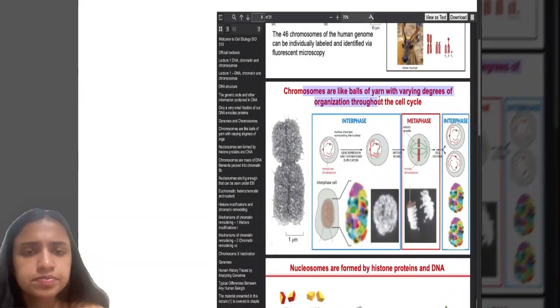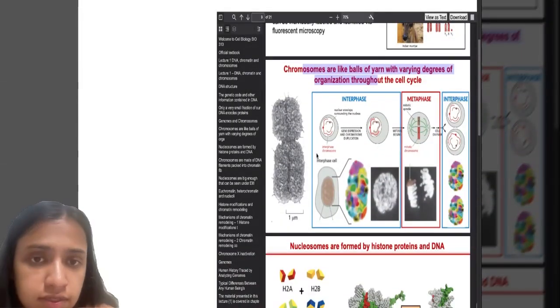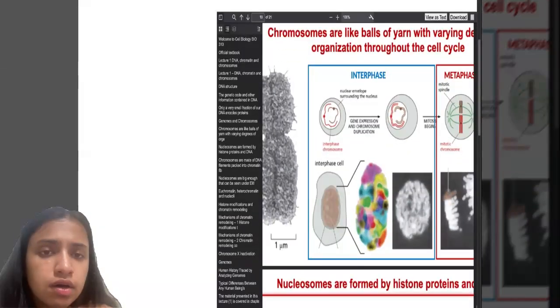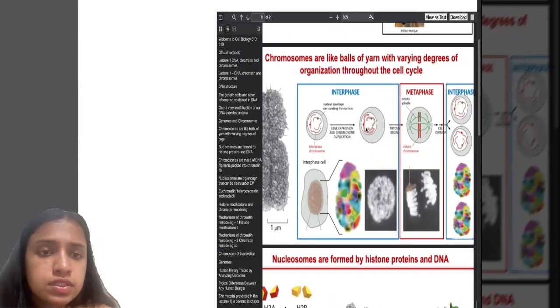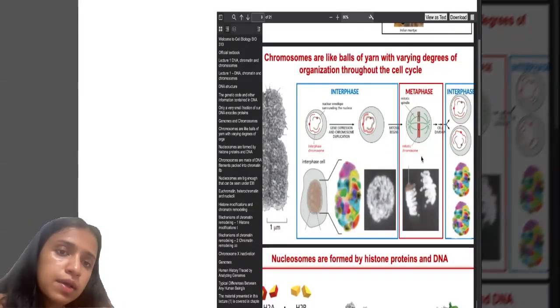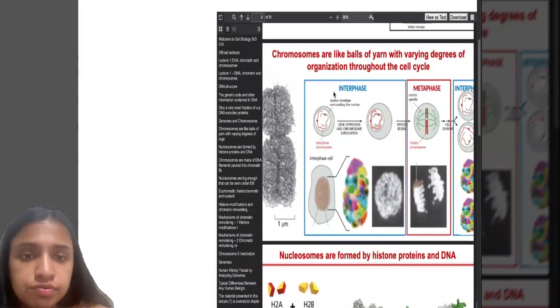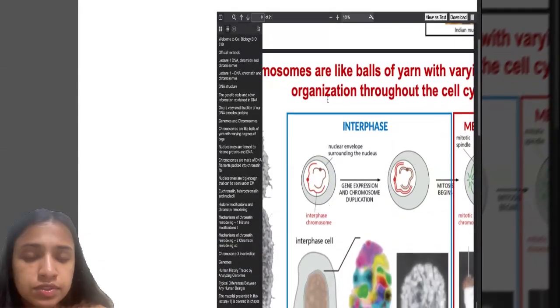Chromosomes are like balls of yarn with varying degrees of organization throughout the cell cycle. So you have interphase, metaphase, interphase again. So S1, M, and then S2, right? So you have here an interphase chromosome.